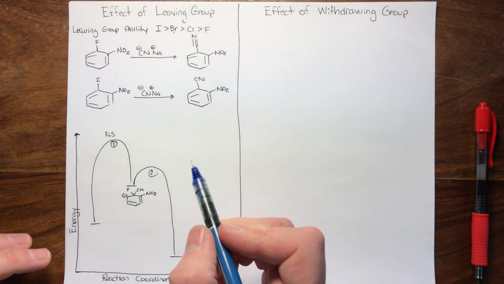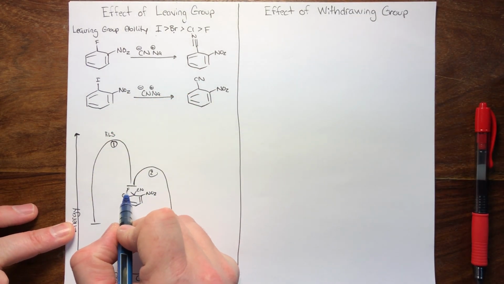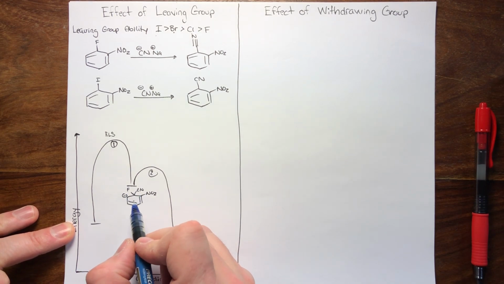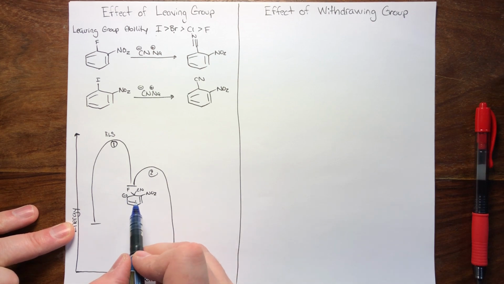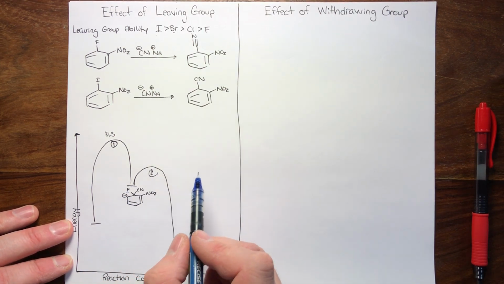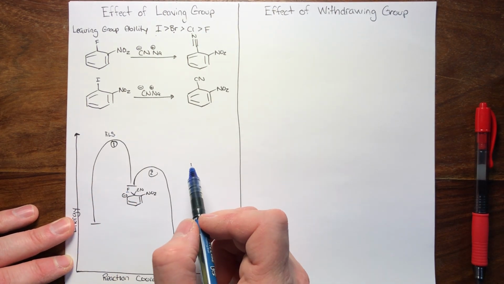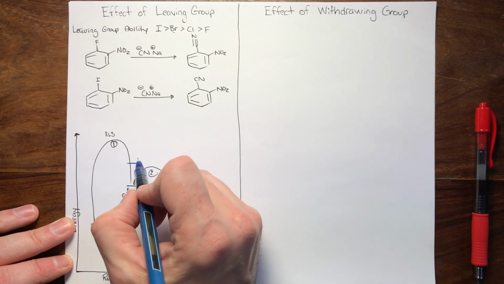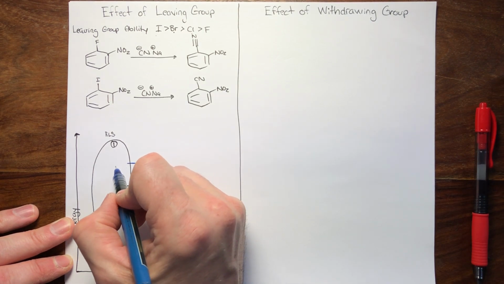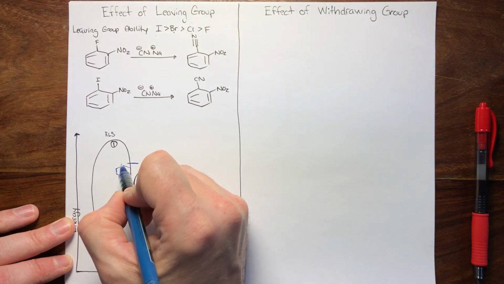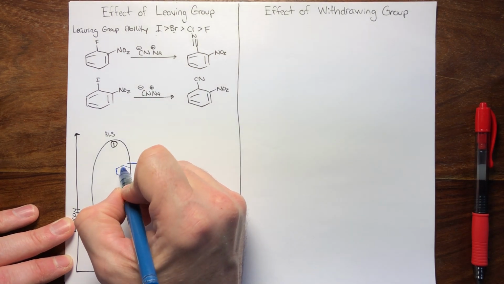Hopefully you identified that an iodide will not be able to stabilize an anionic intermediate as well as a fluoride. Right, so even though iodine is a better leaving group, because the intermediate energy is going to be higher, the reaction starting with the aryl iodide is going to be slower.